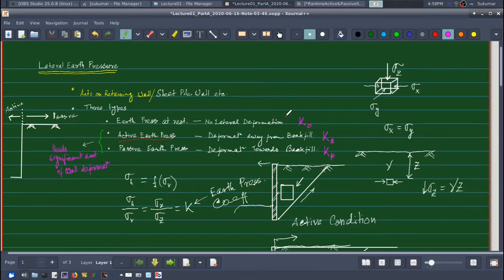So in the determination of lateral earth pressure, our first job basically boils down to determine what is K naught, what is Ka, and what is Kp. Okay.